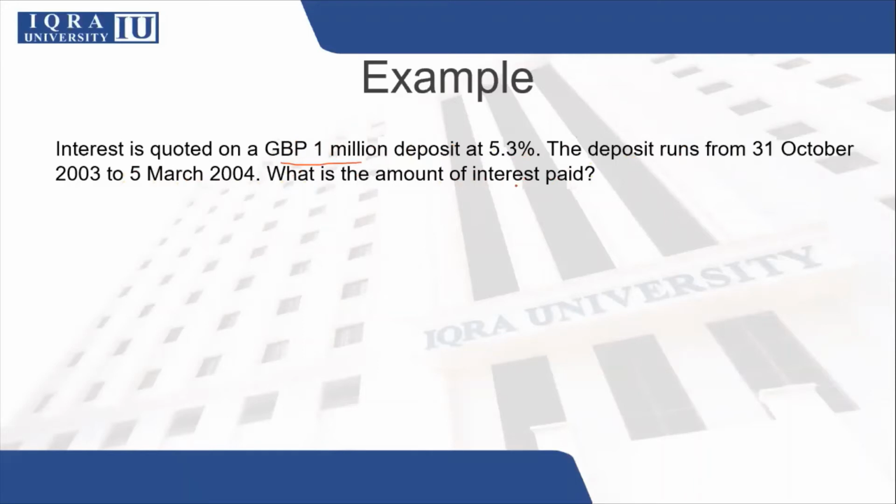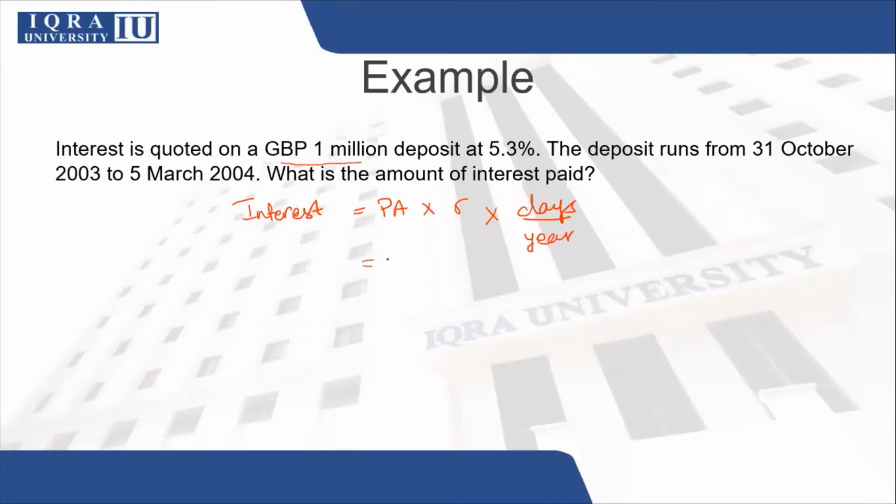Now let's calculate the interest for this amount. The formula that you will use is, let me first write down the formula: the principal amount times the rate times days over year.